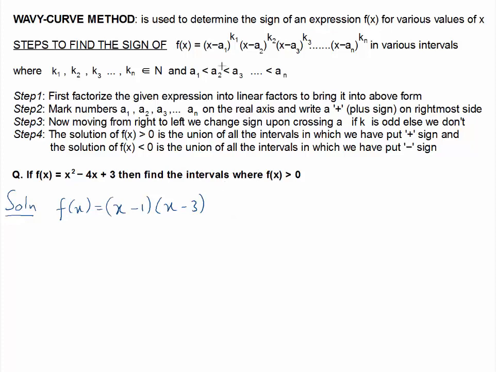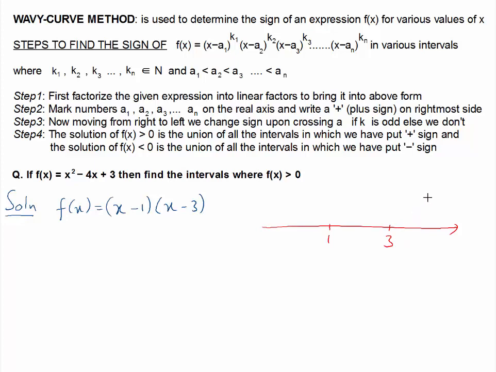Now this is a1, this is a2, and if we have more terms, we have a3, a4 and so on. The next step is to mark the numbers a1, a2, a3 on the real axis. So let's draw a real axis and mark 1 and 3.